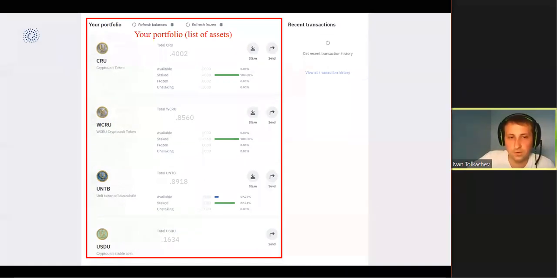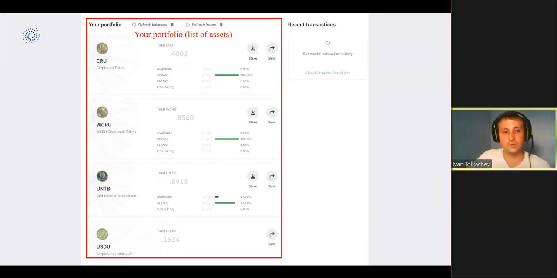And then below you get to the portfolio section, a list of all those tokens you hold. We see all the 4 tokens, the number of tokens available, the number of tokens staked, and the number of tokens frozen.